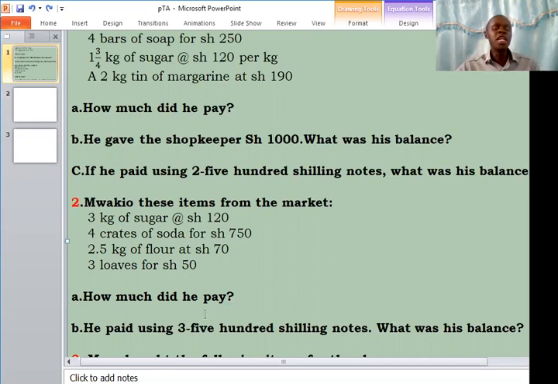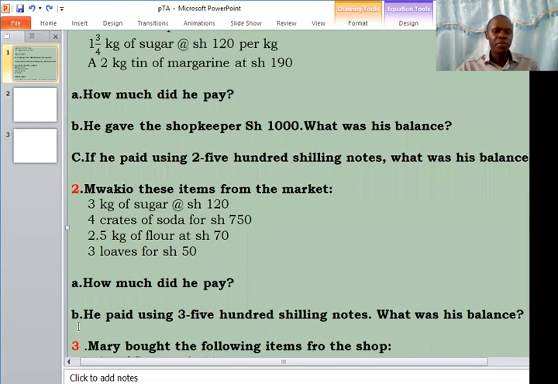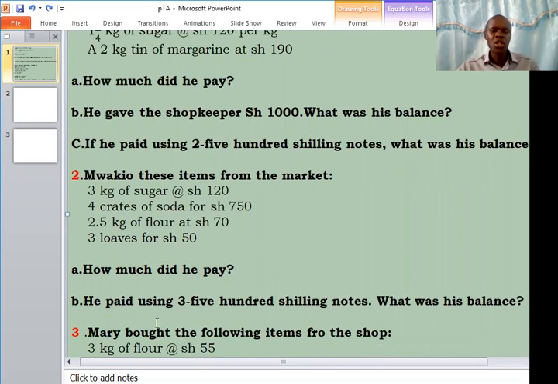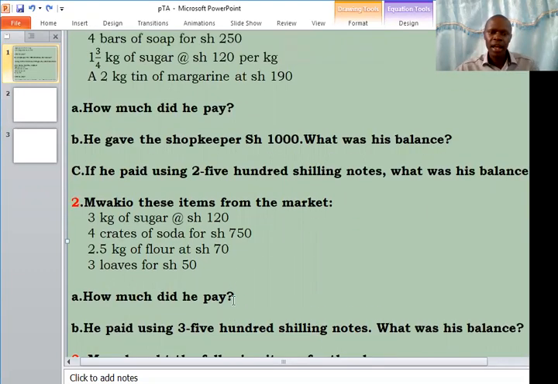A, how much did he pay? B, he paid using 3 500 shilling notes. What was his balance? Now, you need to be so keen here. When you have 3 500 shilling notes, how much is that, Lana?